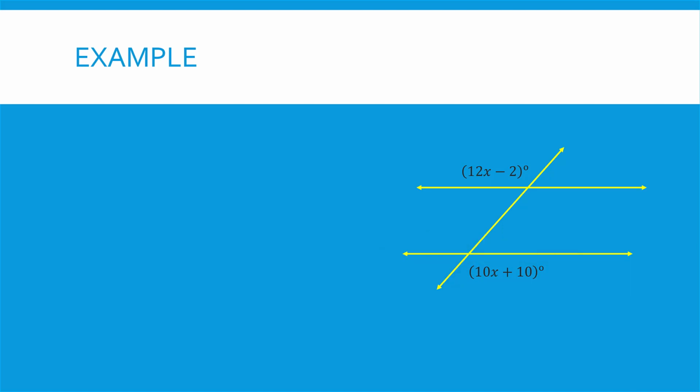So if I wanted to solve for x in this problem, 12x minus 2 equals 10x plus 10. And our reasoning is alternate exterior angles, and we just abbreviated alternate exterior and used this symbol for angles, are congruent.